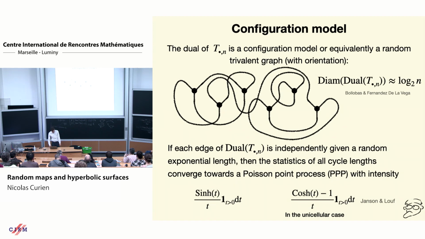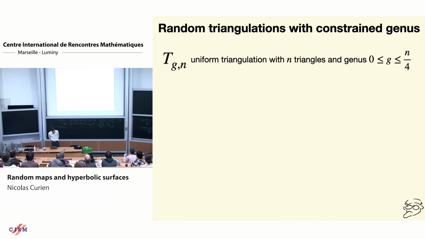All right. So that was for maps with unconstrained genus. Now let's put a bit more topology inside the game and let's constrain the genus.